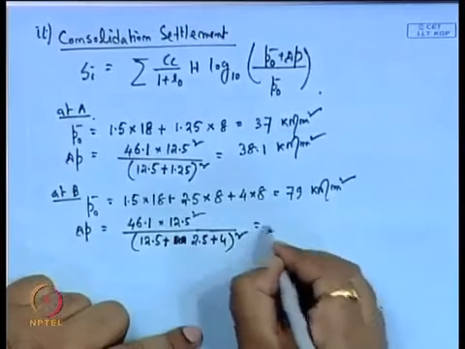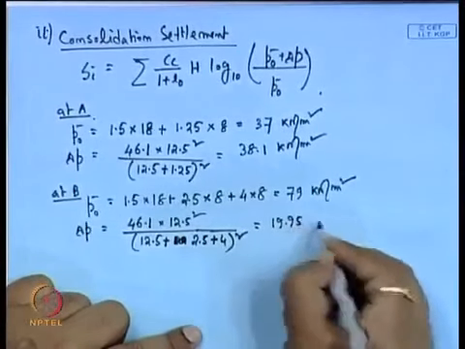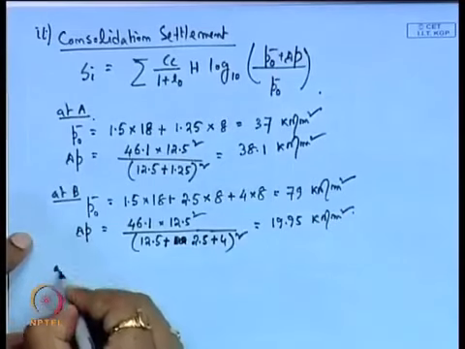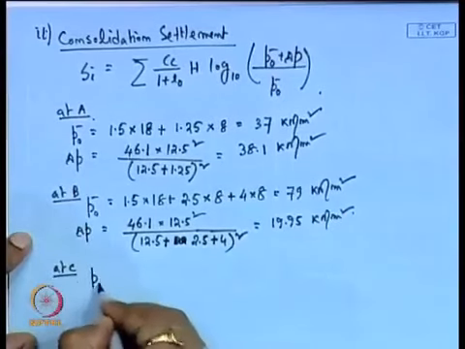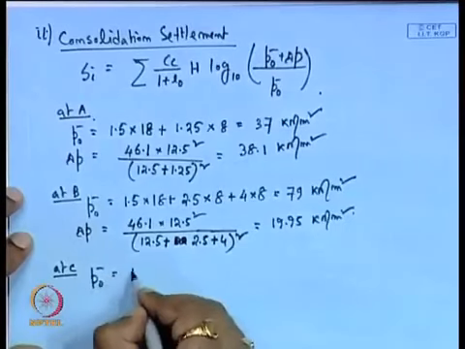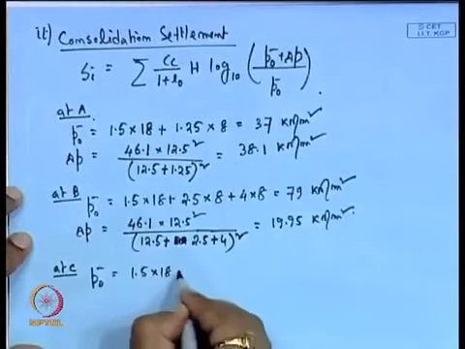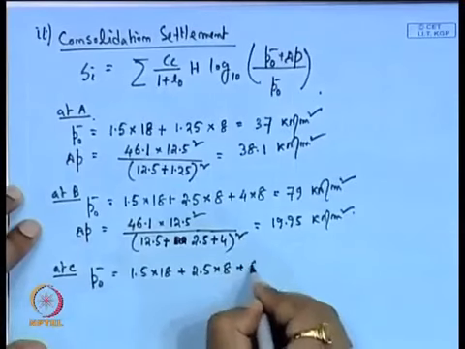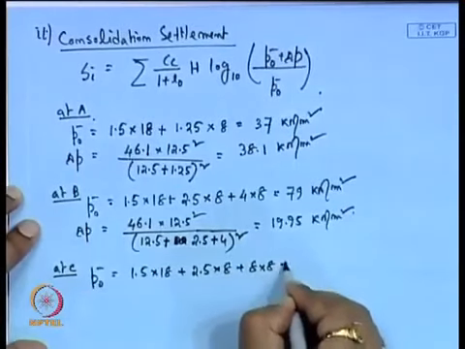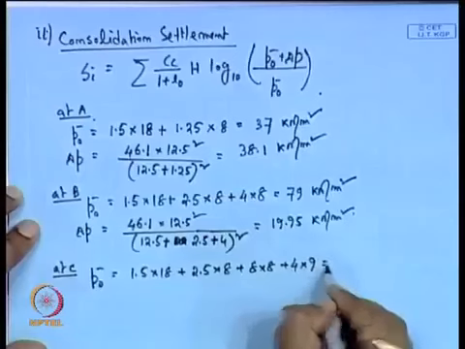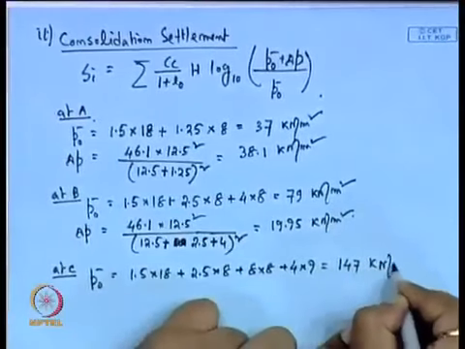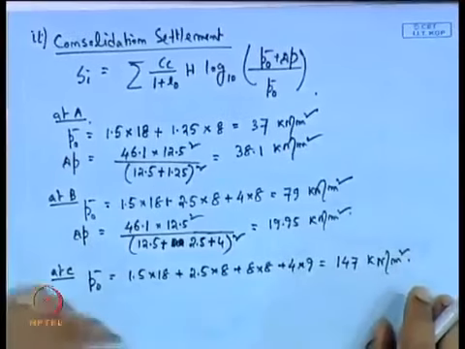So, this value is 19.95 kilonewton per meter square. Similarly, at C point, P0 bar is 1.5 into 18 plus 2.5 into 8 plus 8 into 8 plus 4 into 9. So, that is 147 kilonewton per meter square.